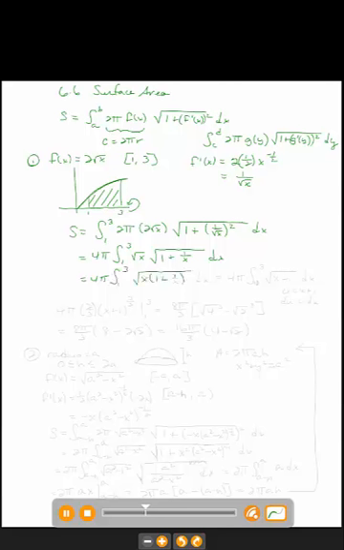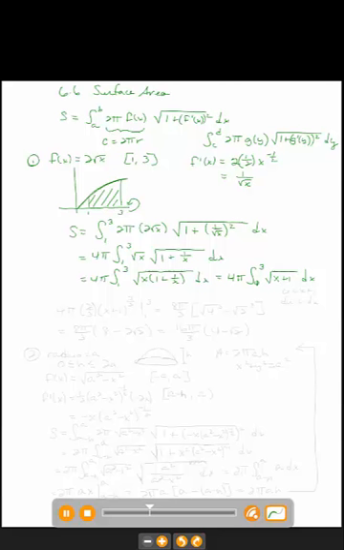So I'm going to put them together. It's going to be x times 1 plus 1 over x, which, oops, that's supposed to be a 1, turns into the square root of x plus 1 dx.